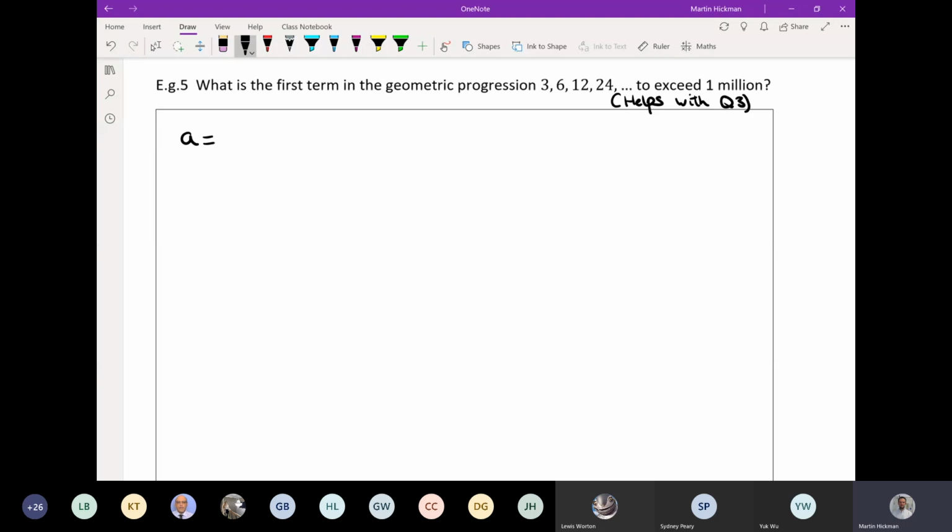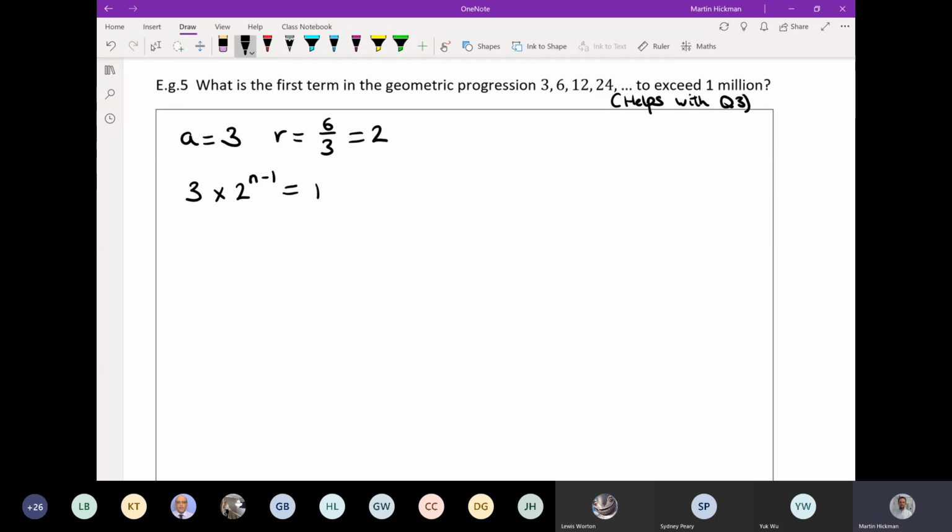So we've got a first term of 3, and we've got a common ratio of 6 divided by 3, which is just going to be 2. So we want to set this up in terms of looking for that first term that takes us to 1 million. So we're going to do 3 times 2 to the power of n minus 1, where a is our first term of 3, r is our common ratio of 2, and then we've got that power n minus 1.